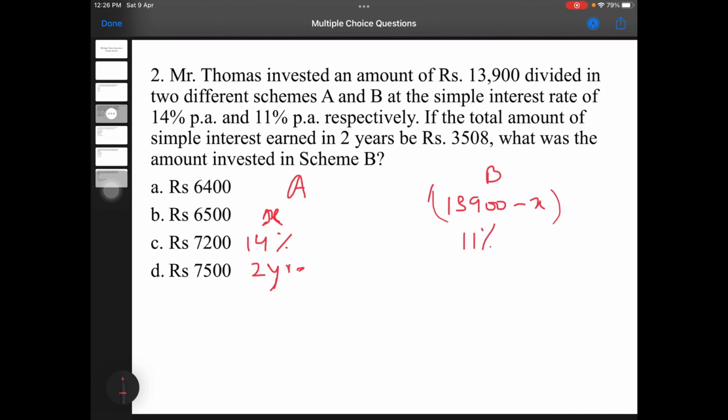In Scheme B he's getting 11% interest rate, and the time also is 2 years.